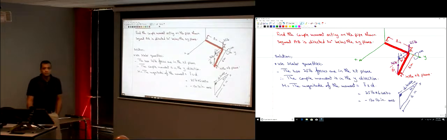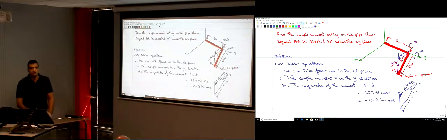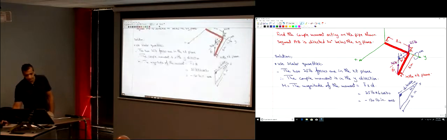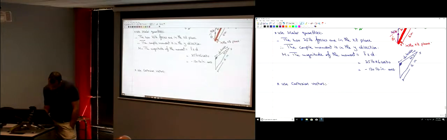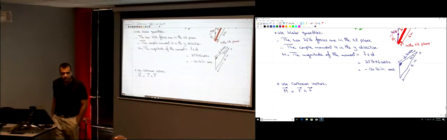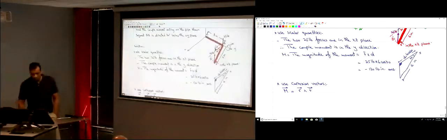If I would like to use Cartesian vector notations, M is what? R cross product F. What R?